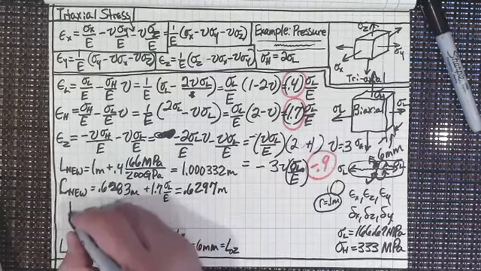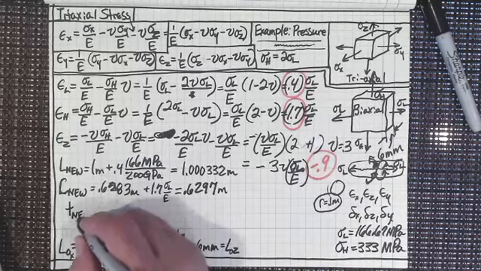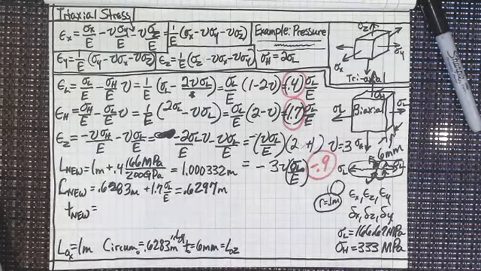And how about the thickness? The new thickness, because I'm going to be subtracting from that, I end up getting minus 0.9. So let's do that. 0.9 times 166 megapascals divided by 200 gigapascals is minus 0.000747.